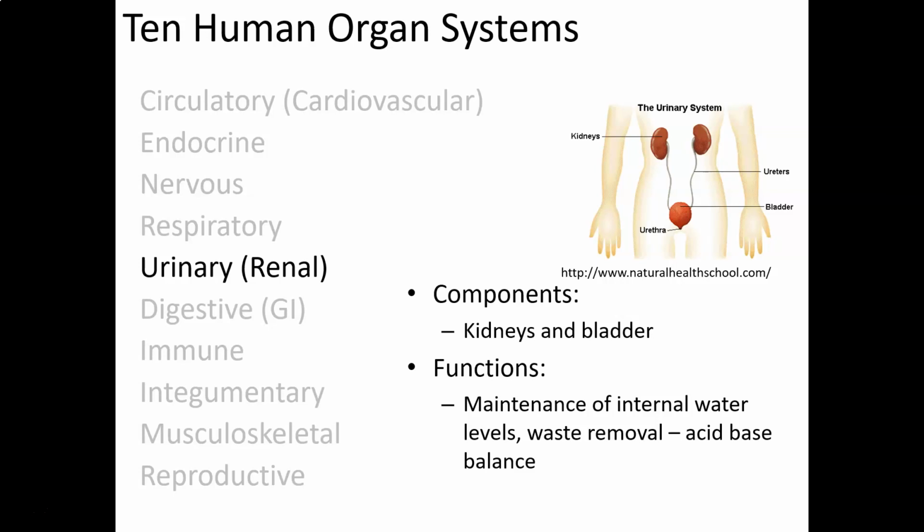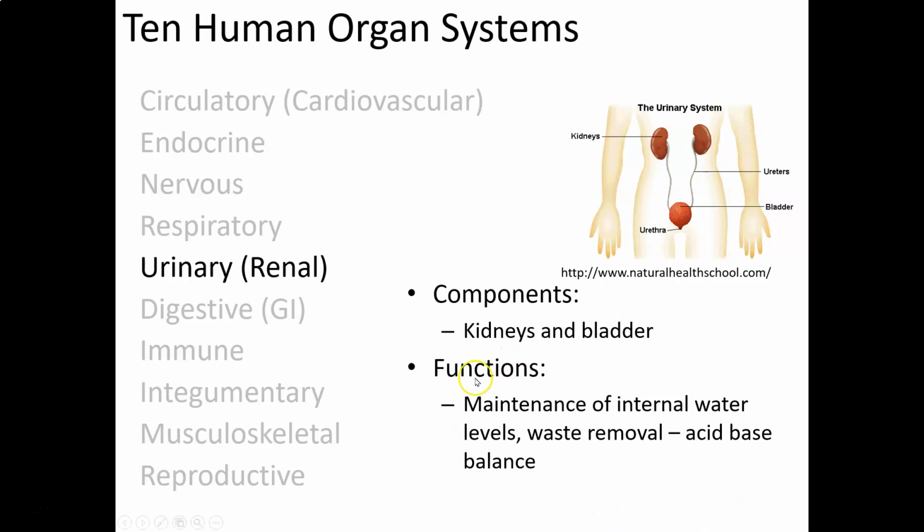But the major ones are to maintain the water levels, maintain the levels of different ions in the body, to remove waste, and for acid-base balance. And again, we can pee out or not pee out hydrogen ion, which really is our measure of acid.